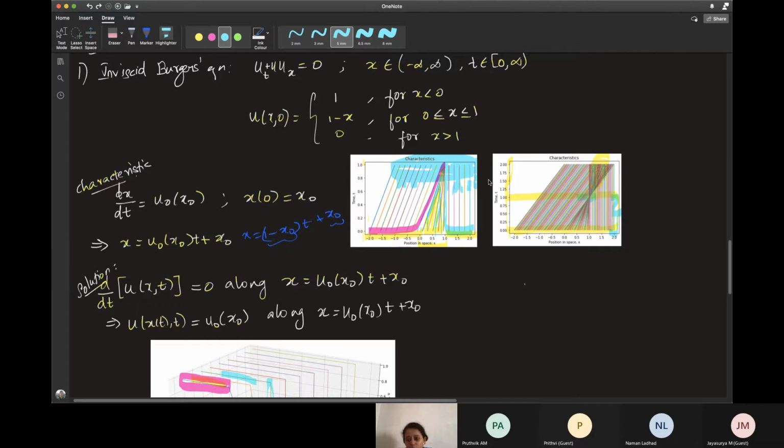So now we can't have a solution in this region because there are multiple characteristics passing through a single point, and we can't follow a single characteristic, and each of the characteristics has solution defined differently, because solution is defined along each of the characteristics differently. So when multiple characteristics are passing through a single point, we cannot just pick up one characteristic and define the solution at that point according to the definition of that characteristic.